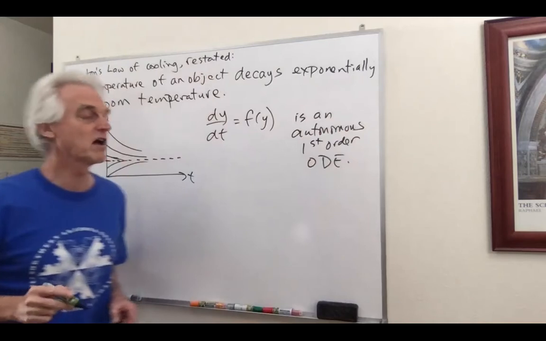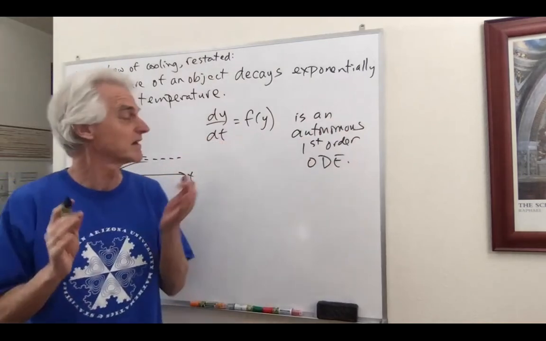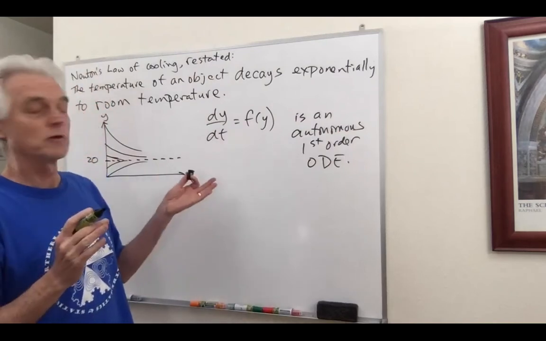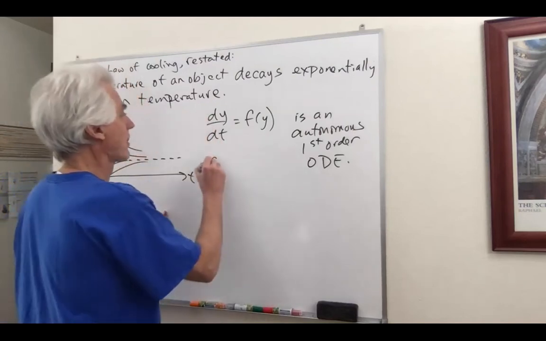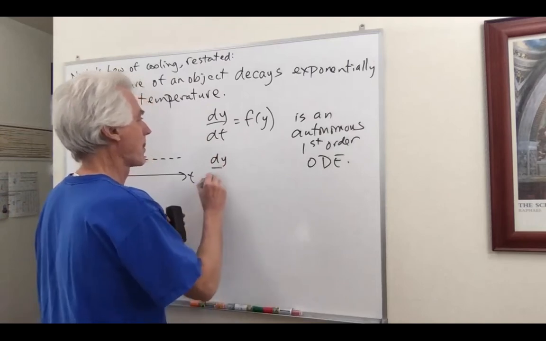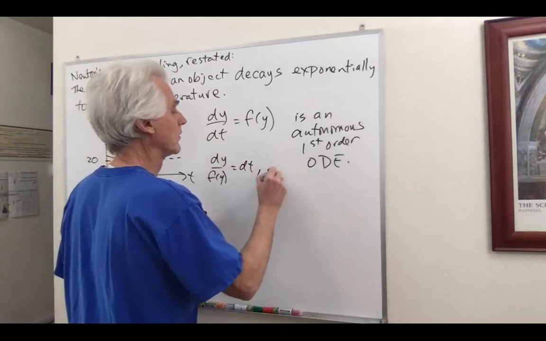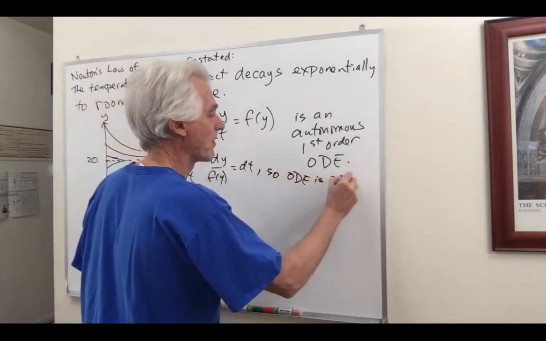And what is it about autonomous first order ODEs? Well, for one thing, we can always solve them by separation of variables. If I can do the integral, I can do dy over f of y equals dt. So the ODE is separable.